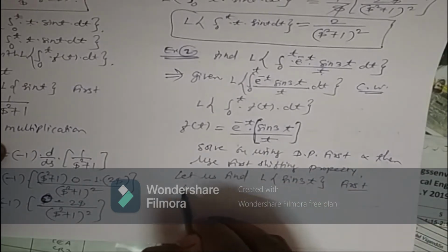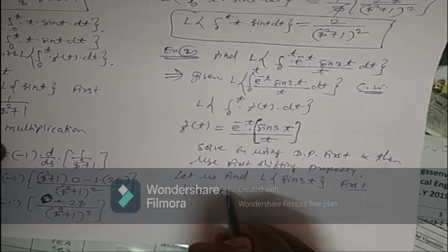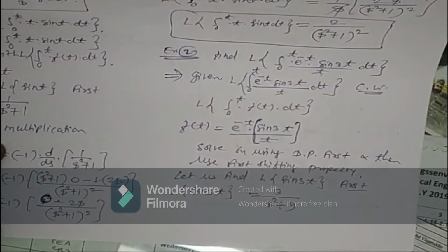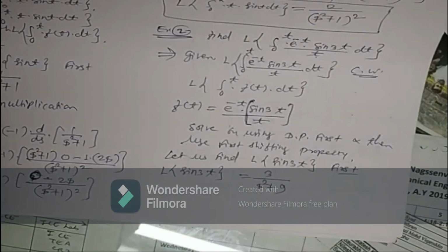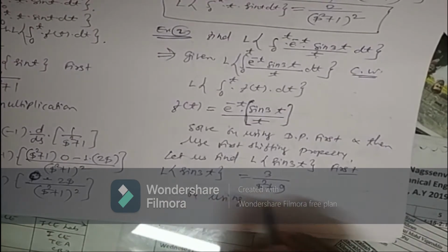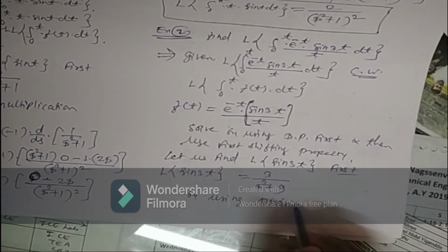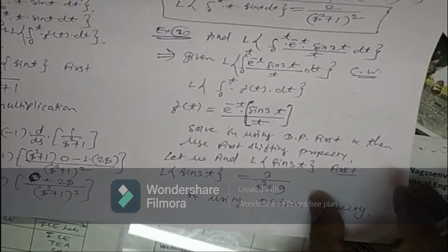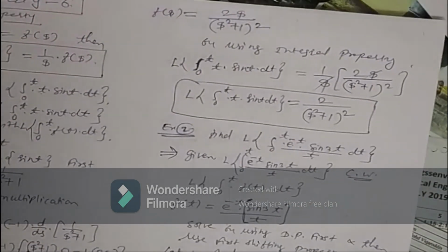Therefore the Laplace transform of sin 3t is equal to 3 upon s square plus 9. So now by using the division property, what do we get? So let us see.